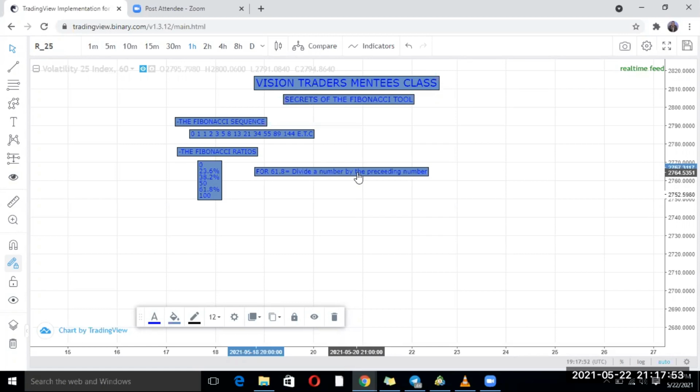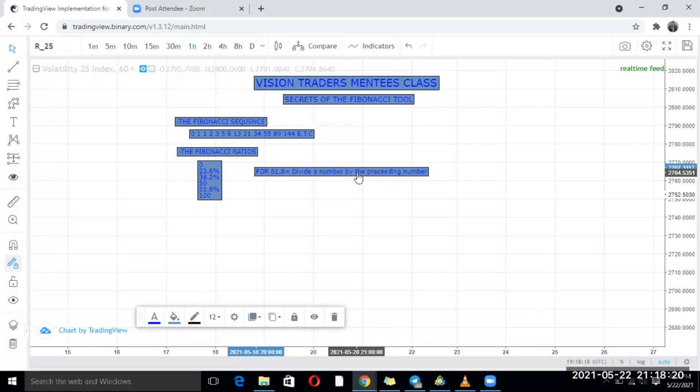That gives us 0.619, which in percentage is 61.9, right? That's just about 0.1 above 61.8.